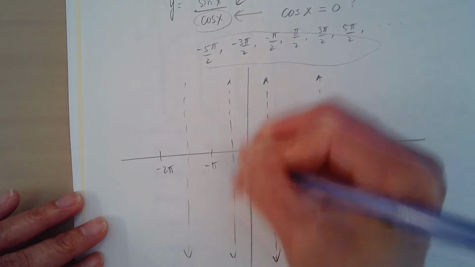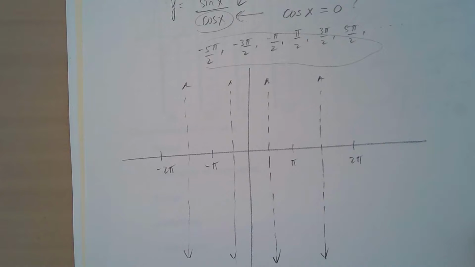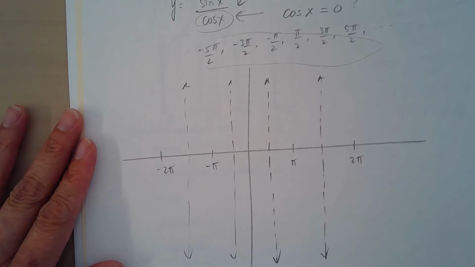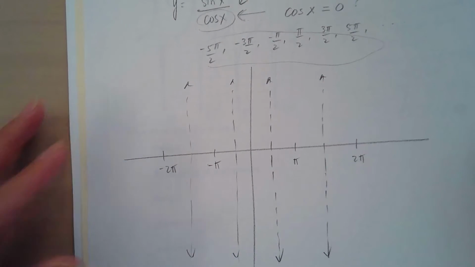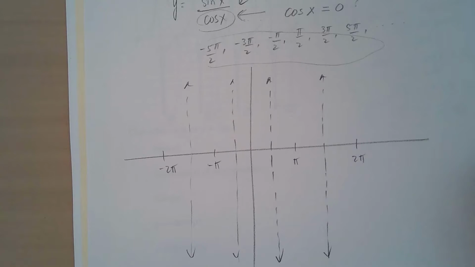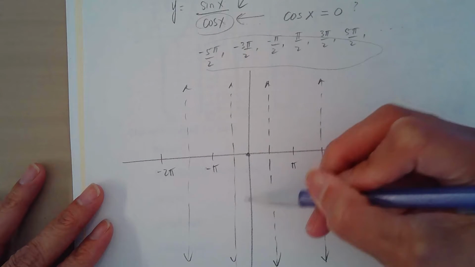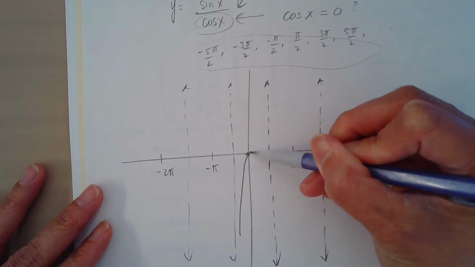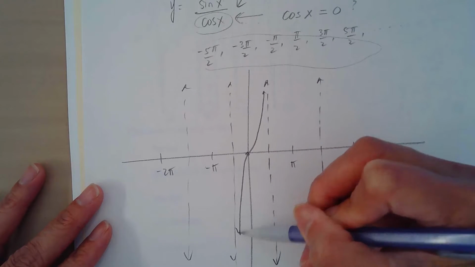Are we only dealing with horizontal asymptotes? Now, horizontal asymptote. Let's finish this up and then we'll talk about any horizontal asymptote here. Okay, and then here it's going to be like this.